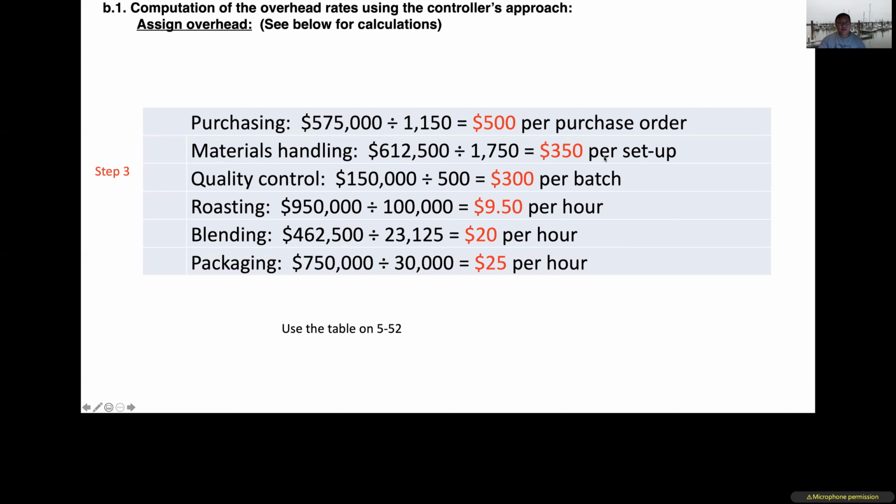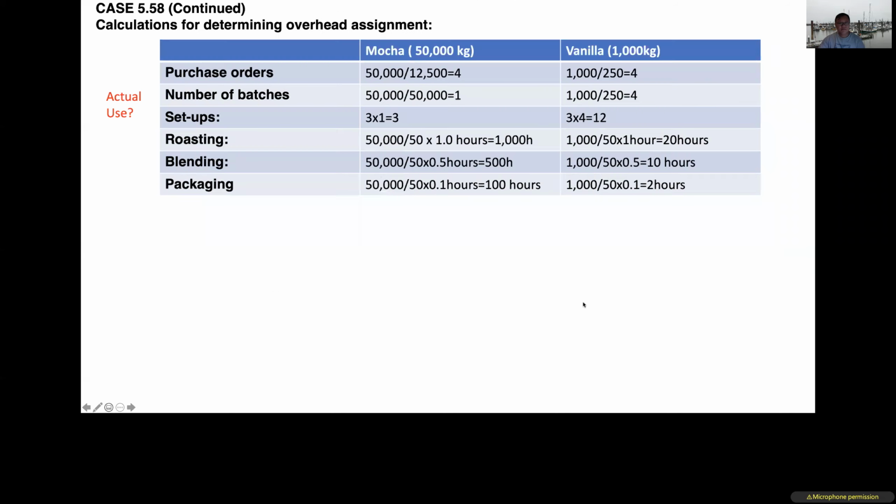The cost is $500 for each purchase order, $350 for each setup, $300 for each batch of quality control, 9.50 per hour for roasting, $20 per hour for blending, and $25 per hour for packaging. So this is my step 3. I'm trying to figure out the predetermined overhead rates for the different activities.